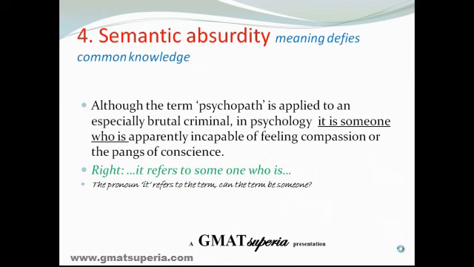So we can only convert this into a meaningful sentence if you change the construction, and you would see here a new word "refers" is introduced. It is a necessity, and we need to introduce words sometimes to make the sentence a little more clear. So "it refers to" here means the term refers to someone who is apparently incapable of feeling. So ensure that every sentence has, beyond its structure, a meaning to convey.